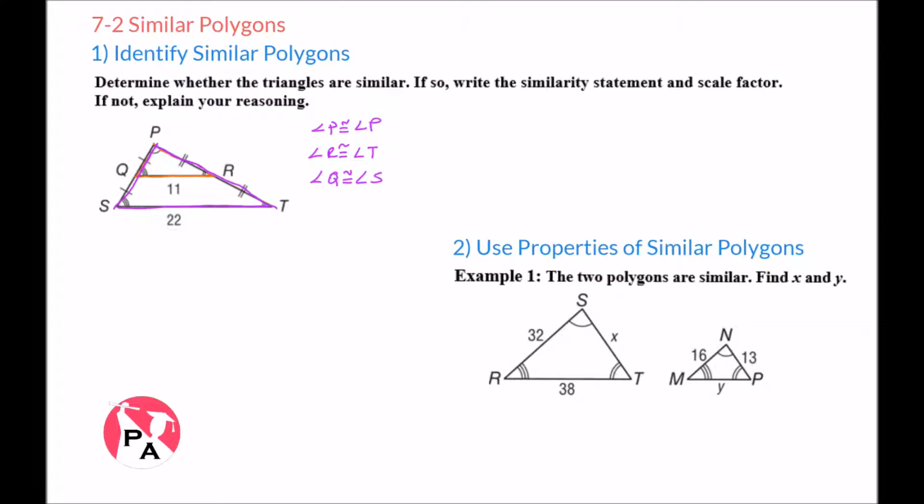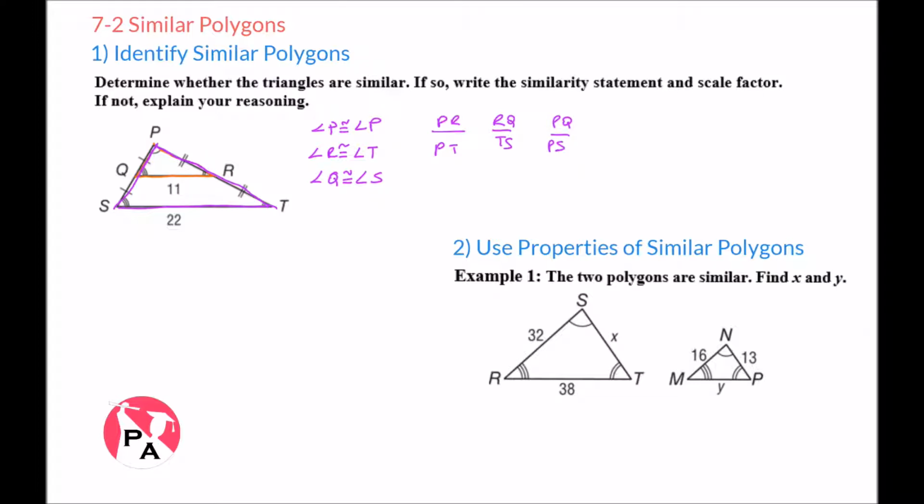Now, just by looking at these three statements, we can make a list of the sides, like PR divided by PT, since P and R belong to the small triangle and their corresponding pairs are P and T. The next one is RQ and TS. The last one is PQ and PS.